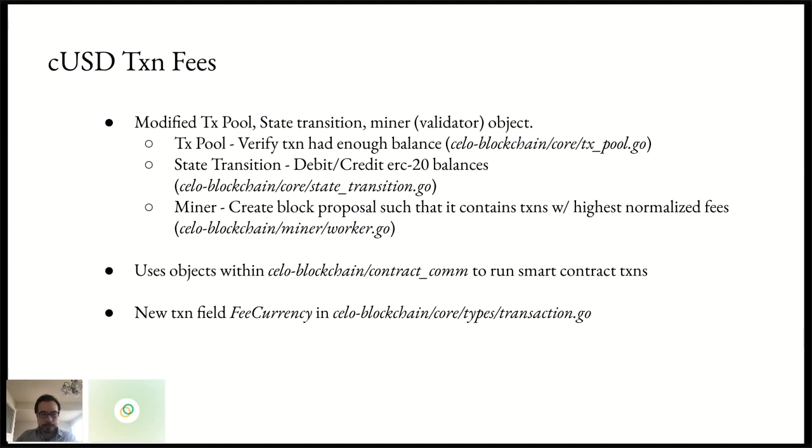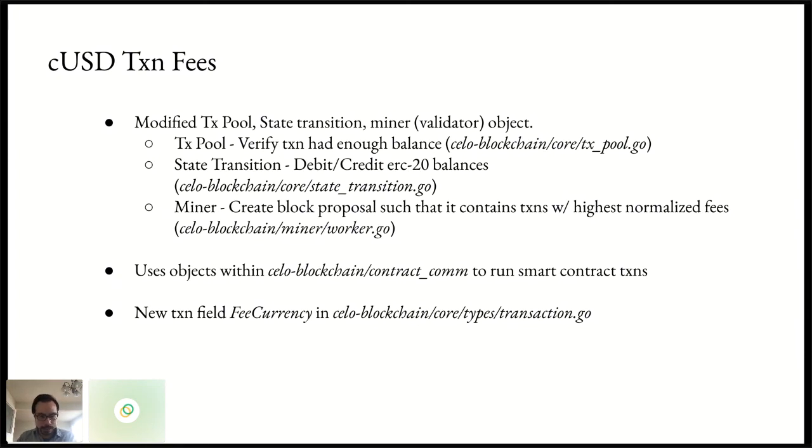That means that we had to modify worker.go so that when it chooses transactions from the transaction pool, for all transactions not being paid in the native Celo token, it does a quick exchange rate conversion from, let's say, CUSD to Celo.